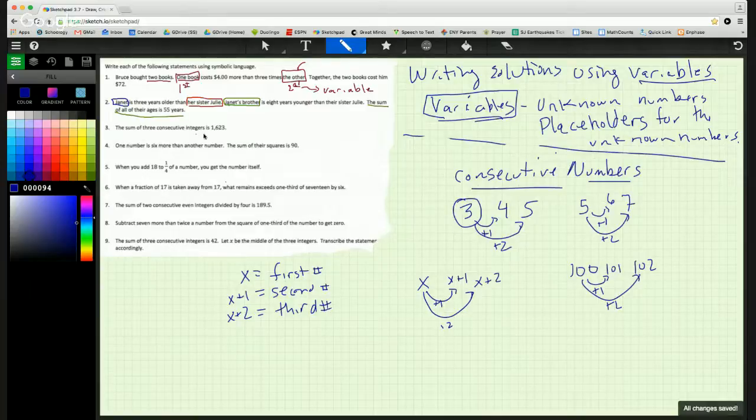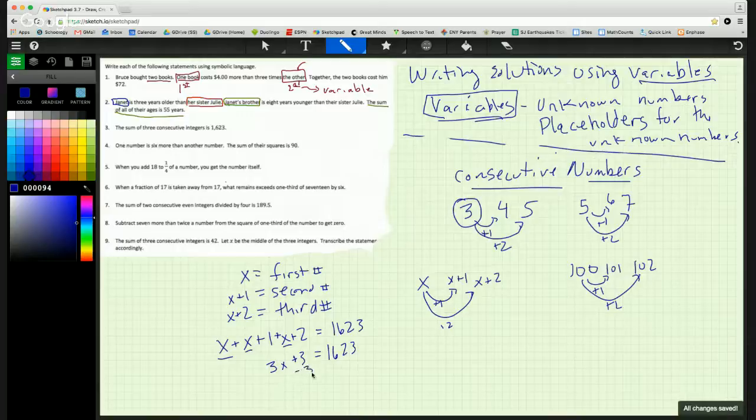And so if 3 consecutive numbers equal 1623, I can say, well, what are these 3 numbers added together? x plus x plus 1, and x plus 2 equals 1623. So if I combine these terms, I get 3x plus 3 equals 1623.